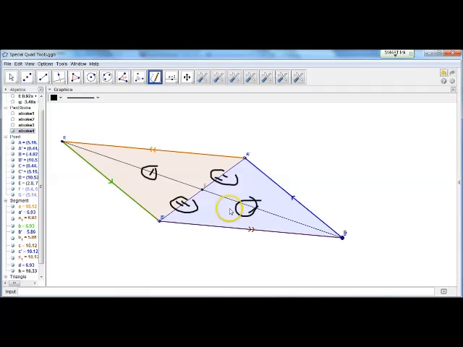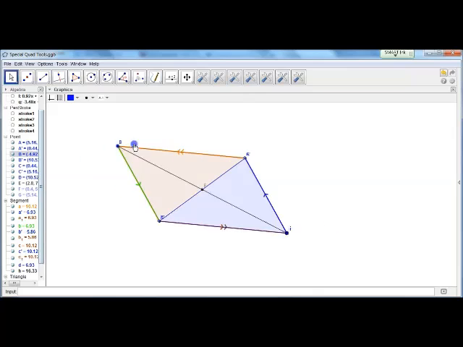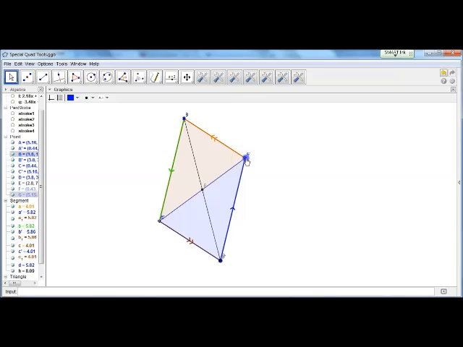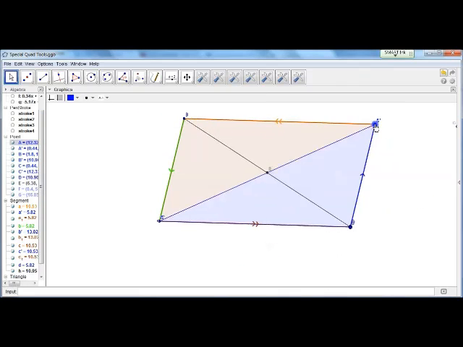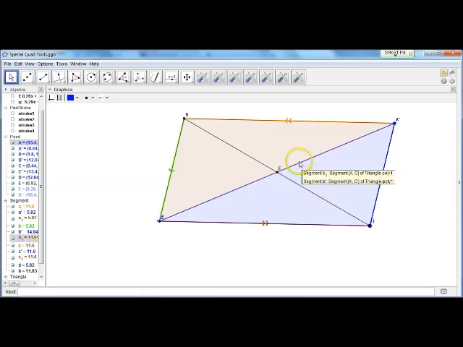Both diagonals intersect at the midpoint of both diagonals. That's what the bisect means there. So that seems to be a property that will always hold true, no matter what our parallelogram looks like. Then this diagonal, or half, is congruent to this half, is congruent to this half, right?